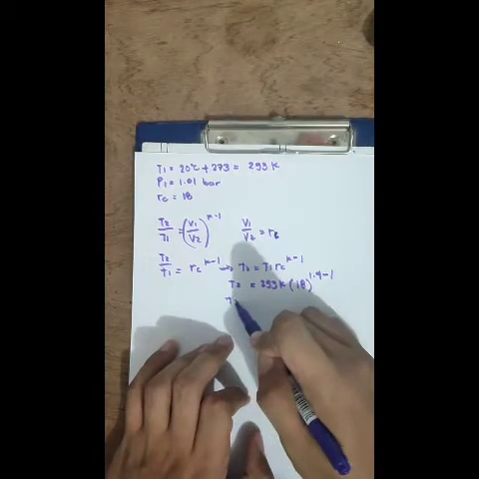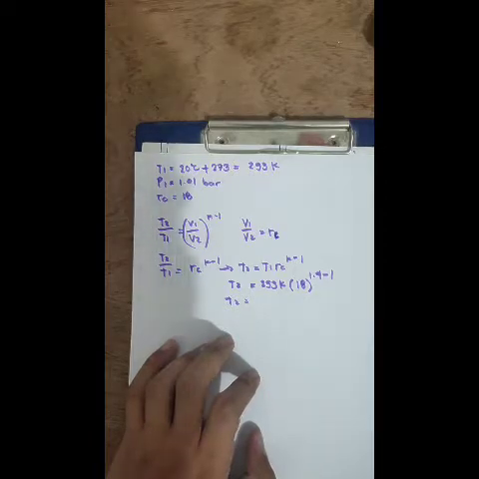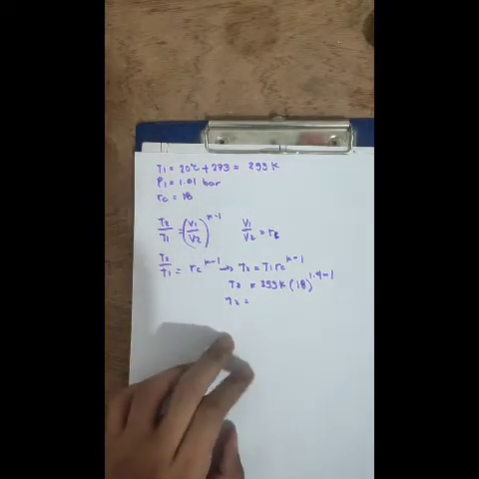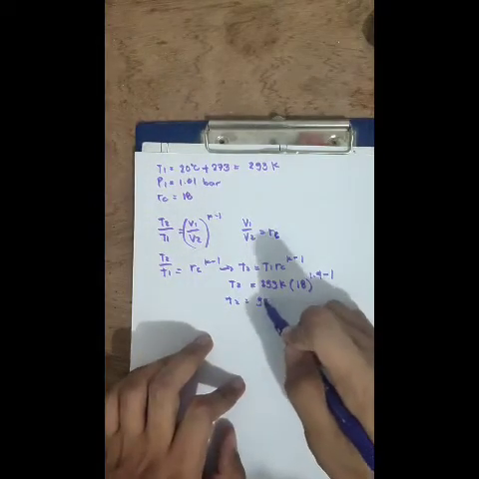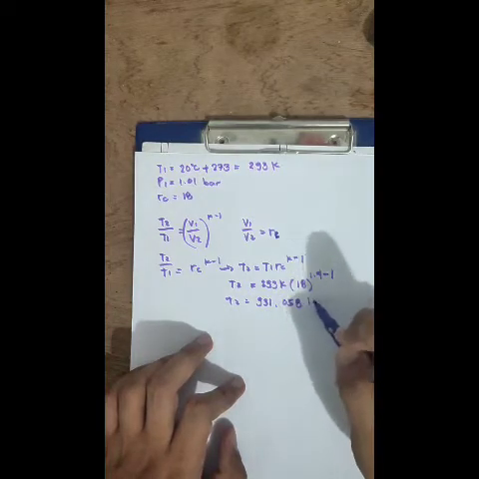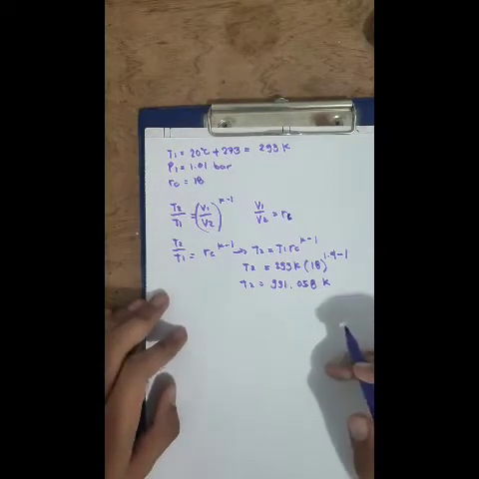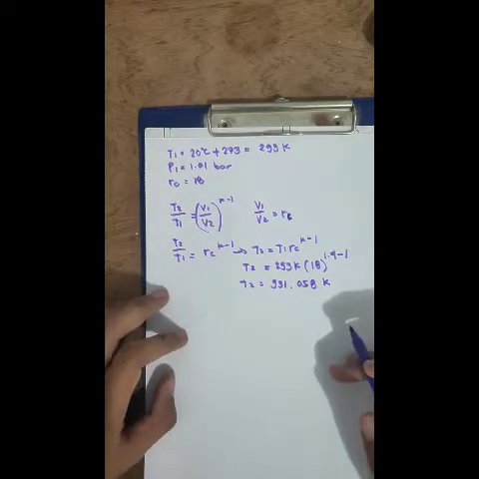So T2 is equal to 293 times 18 raised to 1.4 minus 1. T2 is equal to 931.058 Kelvin.